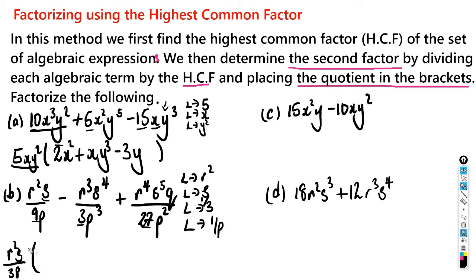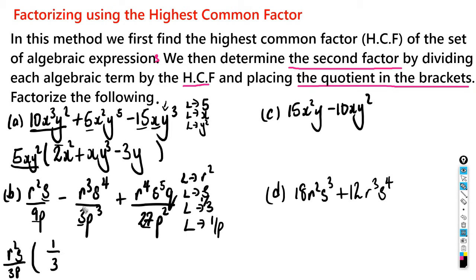Now we have to divide this through the numerator to get the values. Cool. In this case, this ends up being 1 over 3. When we divide, r squared goes into r squared, and the 3p goes into the 9p 3 times.